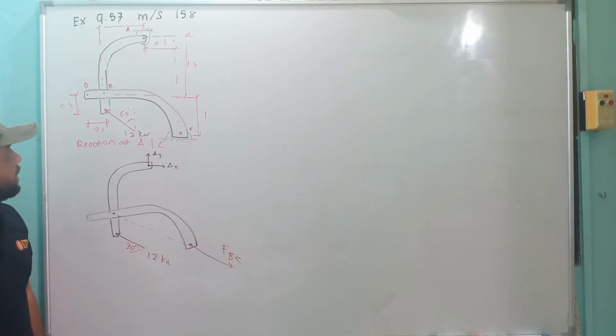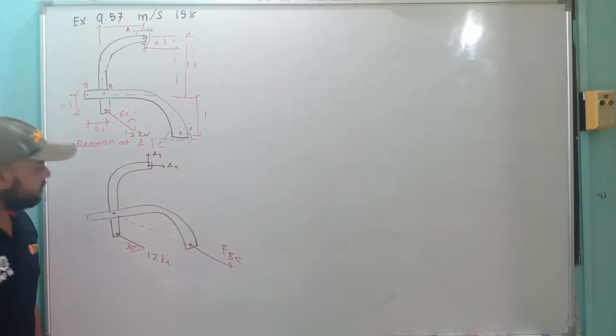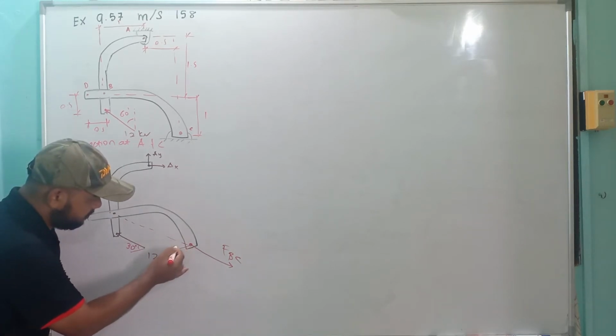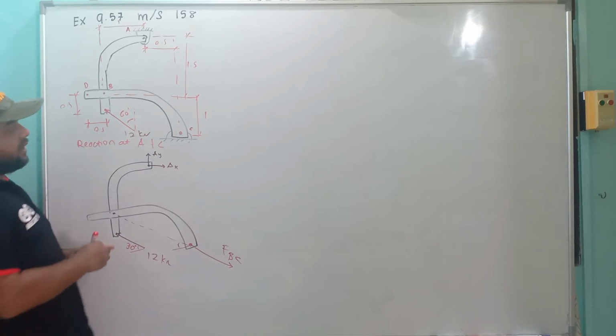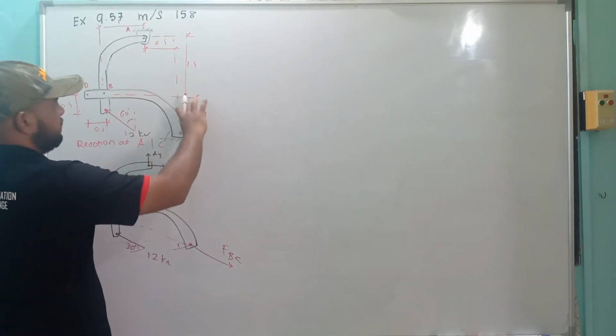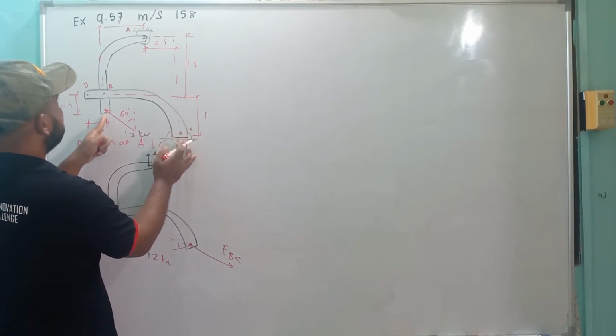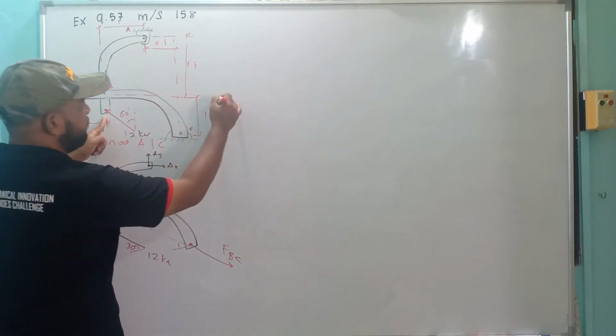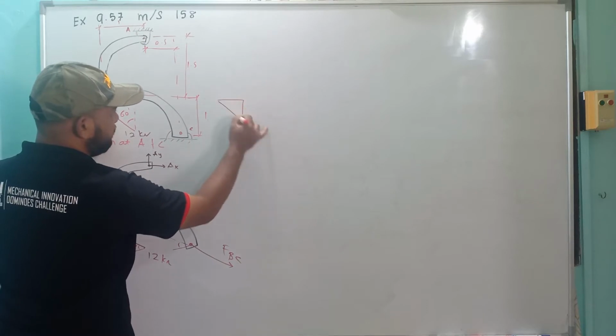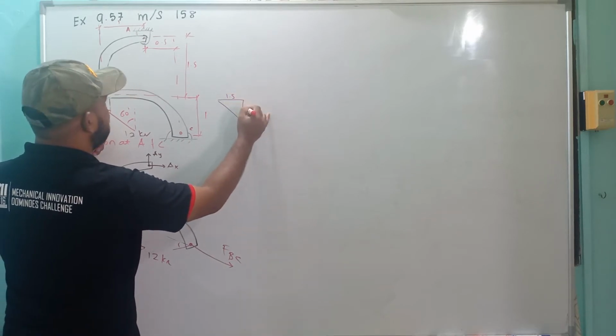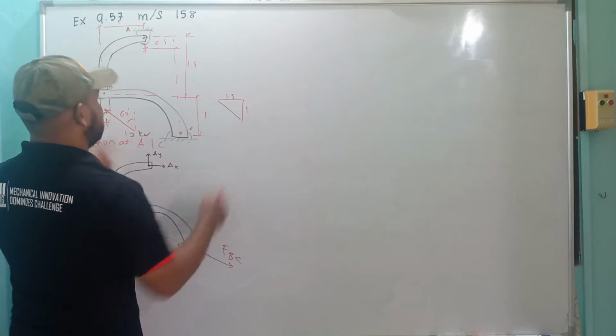Okay, you can calculate what is the angle here. Because we have this part, this is 1, and from here to here, 0.5 and 1, so we have this kind of thing: 1.5, this is 1.